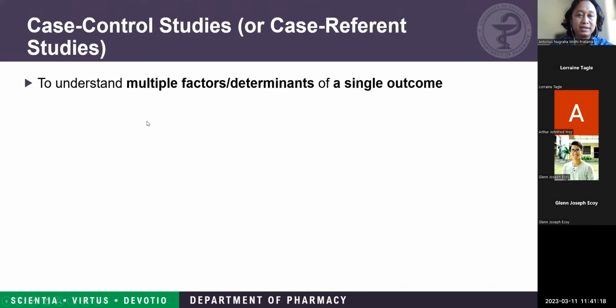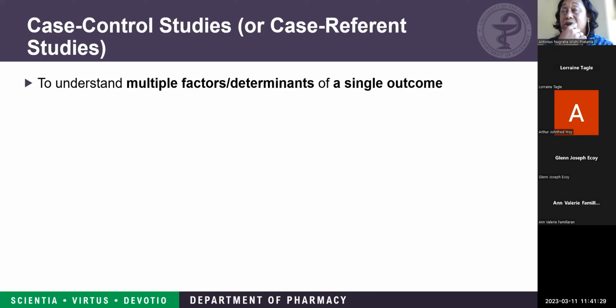So the aim is to understand multiple factors, or we can call them determinants, of a single outcome. Usually we use determinants as an umbrella term for many factors inside.